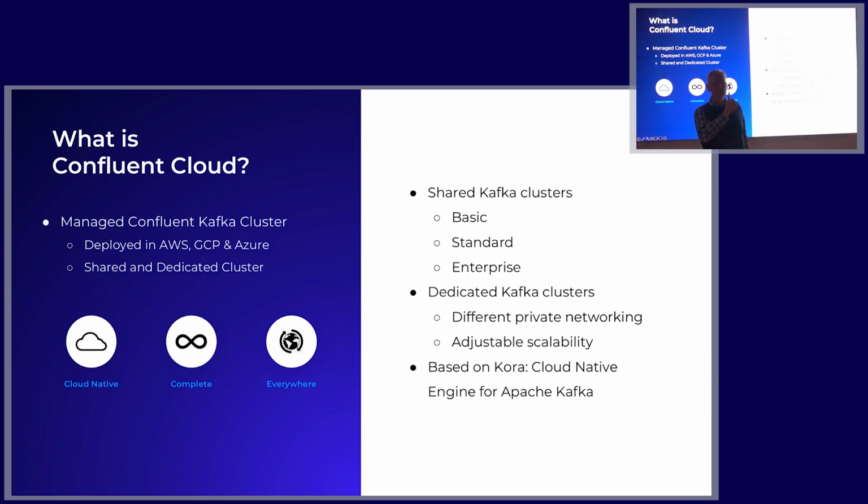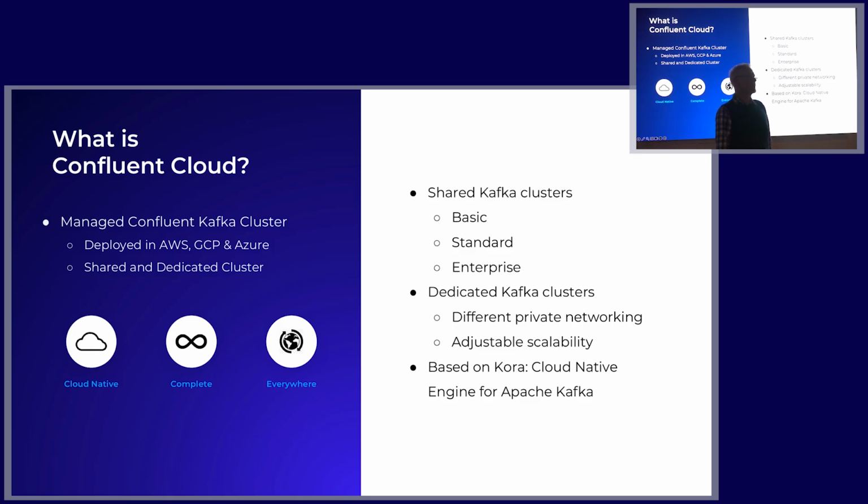So, one single bit of marketing in here. What's Confluent Cloud? Well, it's Kafka ready-made for you. It comes in two different types: shared clusters and dedicated clusters. Shared clusters are broken down into basic, standard, and enterprise for various reasons, sizes, SLAs, and so on.